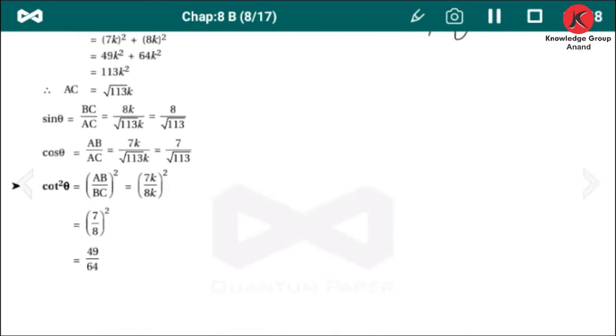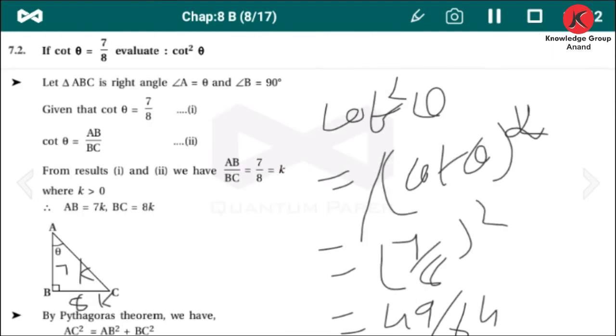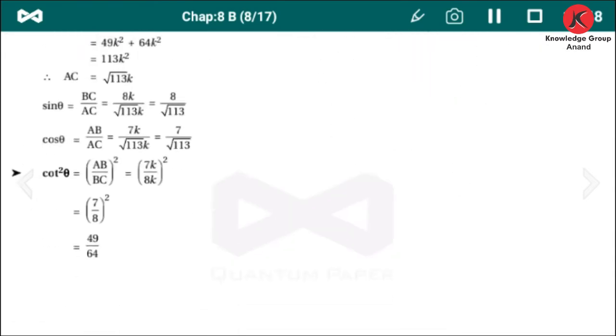In this question, cot square theta is equal to adjacent upon opposite, and then we write 7 by 8 whole square, 49 by 64. Suppose this question is asked for 1 mark, then you directly calculate 7 by 8 whole square, 49 by 64.